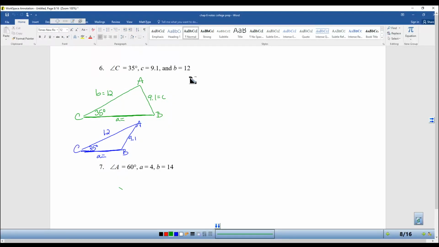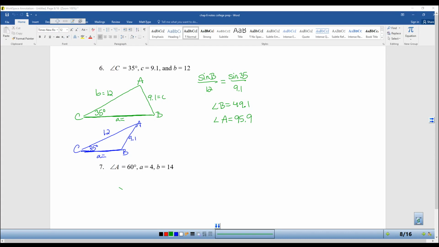So here's the math for it. I'm going to find angle B. Sine of B over 12 is equal to sine of 35 over 9.1. And I get angle B is equal to 49.1, which means when I subtract from 180, my angle A is going to be 95.9.